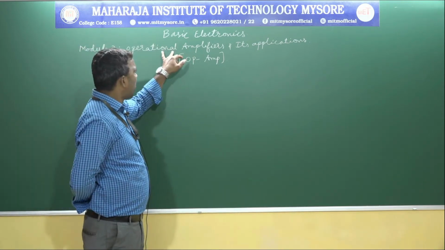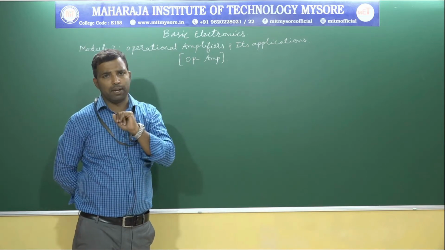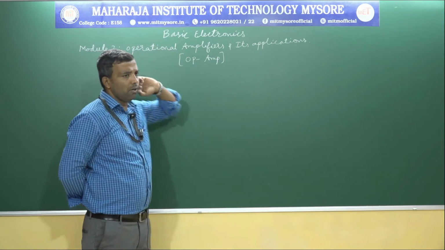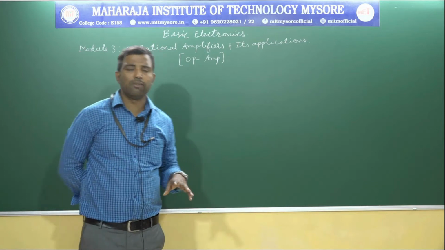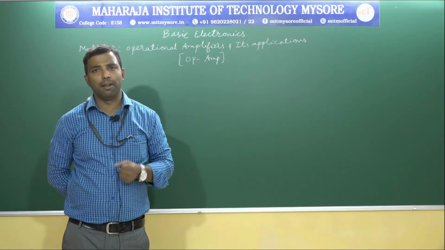Call this an operational amplifier. Why are we calling this an operational amplifier? Not only an amplifier, because we know that an amplifier is nothing but a circuit which increases the strength of the signal.